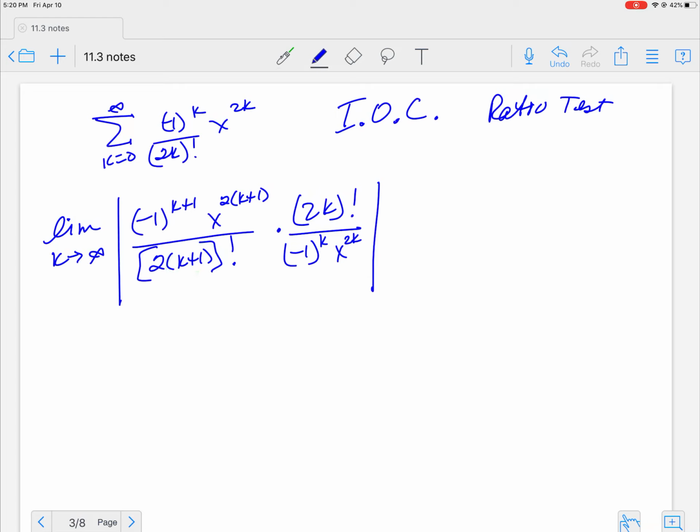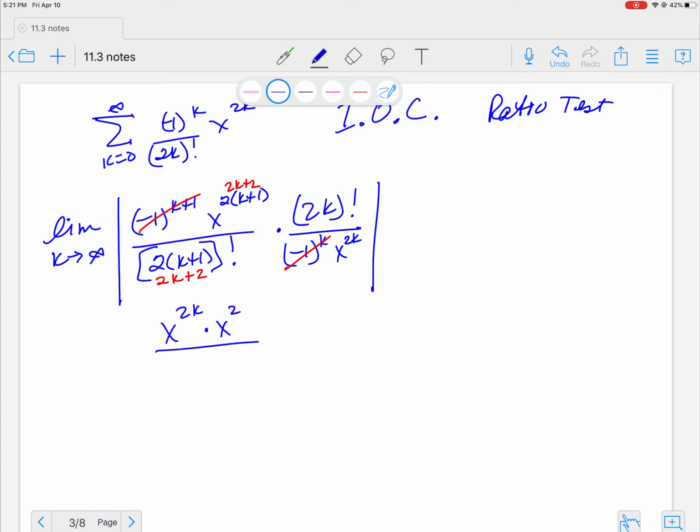For these negative ones, the absolute value is going to make them go away. For here, I get this exponent as x to the 2k plus 2. I'm going to skip a step and say x to the 2k times x squared, because this exponent is actually 2k plus 2. If I distribute this one, this is also 2k plus 2 factorial.